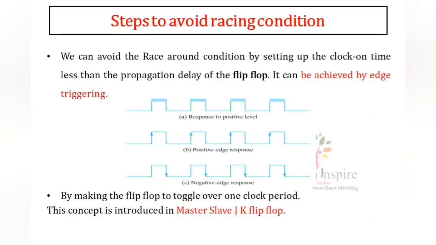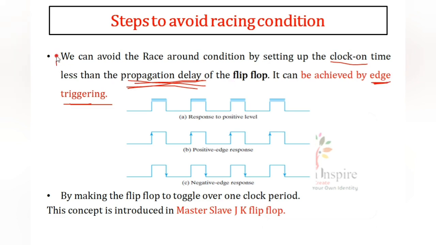Here I have mentioned two different conditions to avoid the race around condition problem. The first one is taking the clock less than propagation delay, that is, taking propagation delay into consideration. It can be achieved by edge triggering. We have already discussed edge triggering in previous sessions.